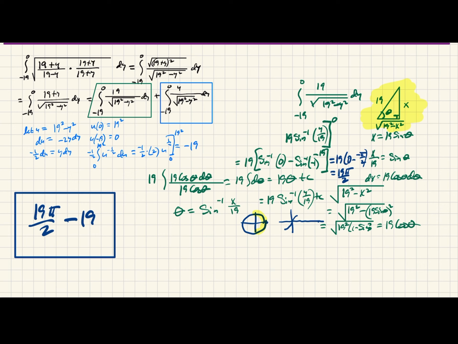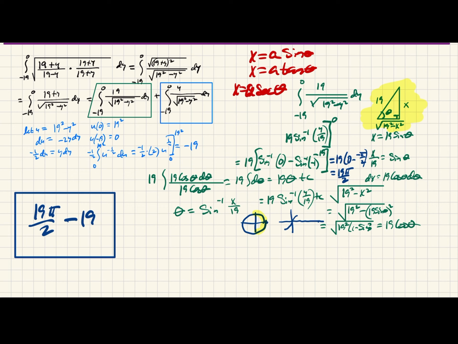Those possibilities are x equals a sine theta, x equals a tangent theta, and x equals a secant theta. So what we did was we drew a triangle and we said, okay, I'm just going to start with the first one. X equals a sine theta.